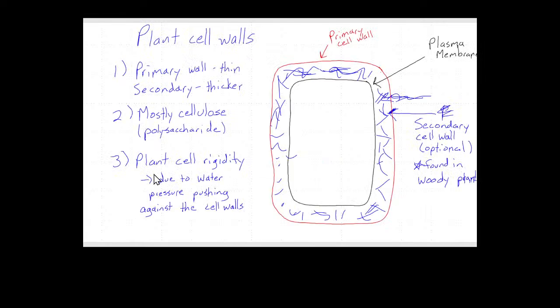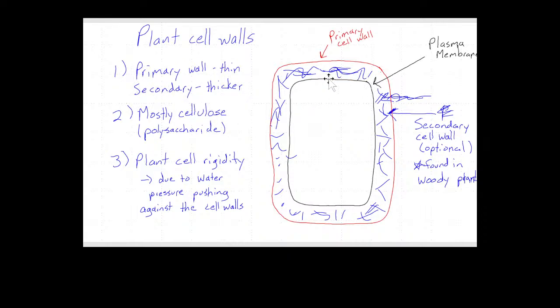Okay, moving on. Outside of a plant plasma membrane are the cell walls, and it might be one cell wall or it might be two. So the primary cell wall, which is something that all plants have, is going to be fairly thin for the most part. But then some plants will have a secondary or thicker cell wall.